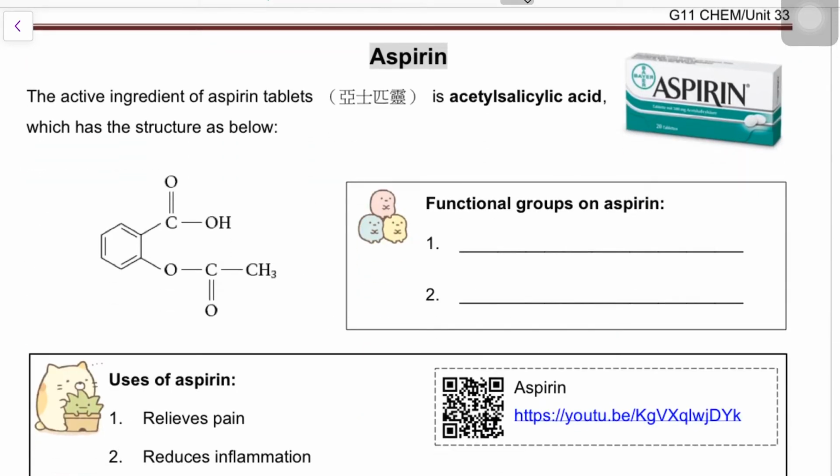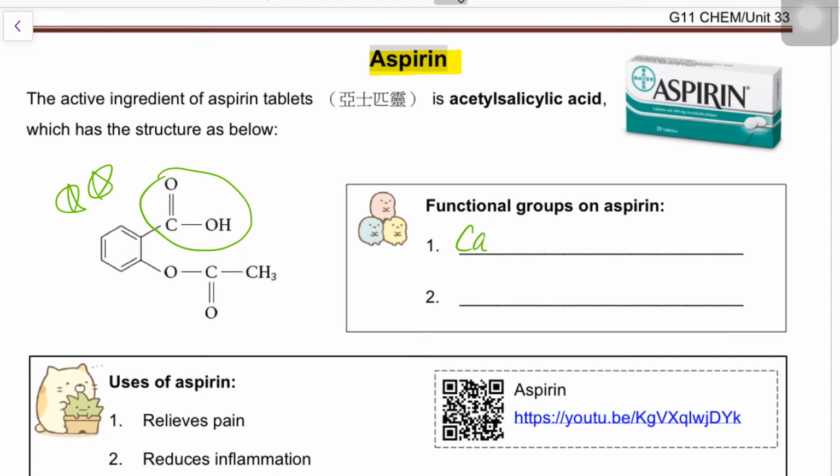So we start. First is aspirin, and here shows the structure of aspirin. So please be careful, because in examination we will not ask you to draw it, but at least you need to name the functional group of the aspirin. Now first, you can see the green circle, we have carboxylic acid.